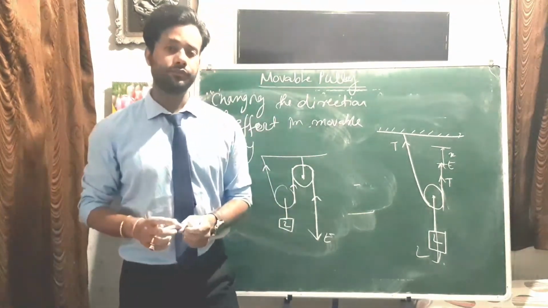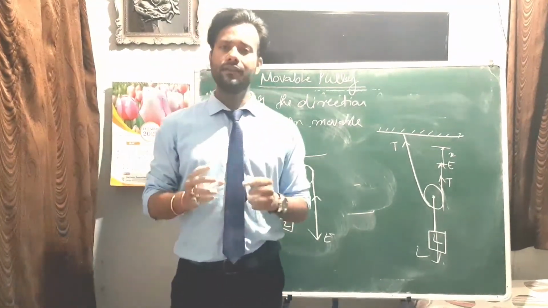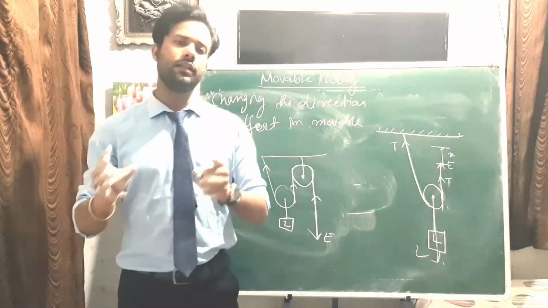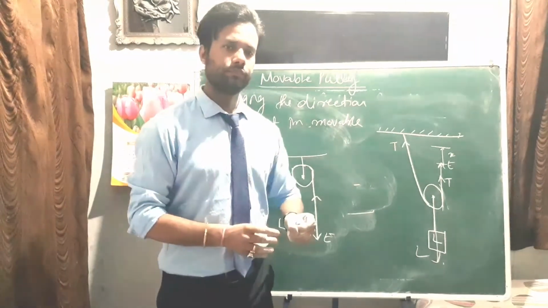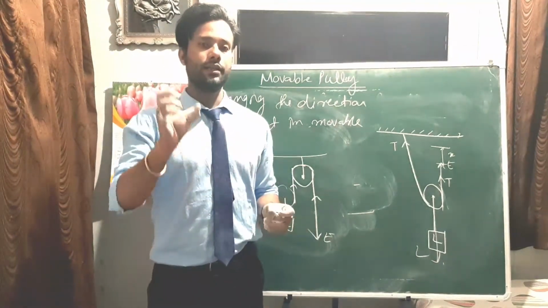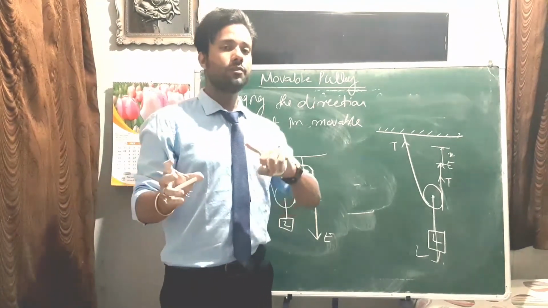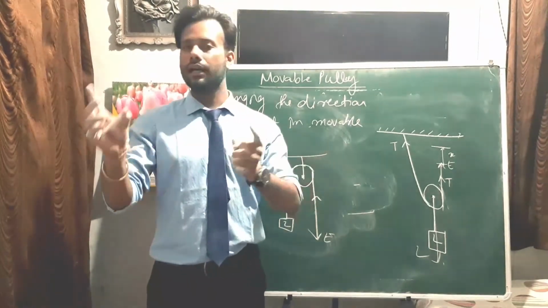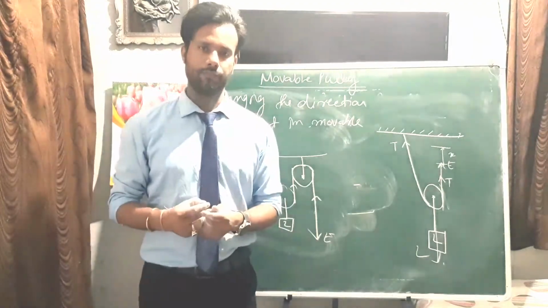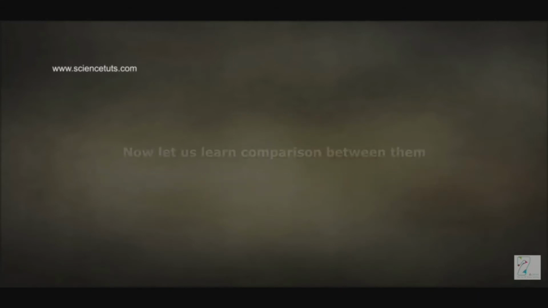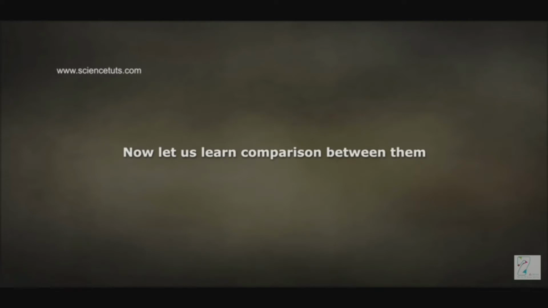Let's first see the main differences between the single movable pulley and the single fixed pulley. I'll show you an animated video which shows the difference between them. So, comparison between single fixed pulley and single movable pulley.